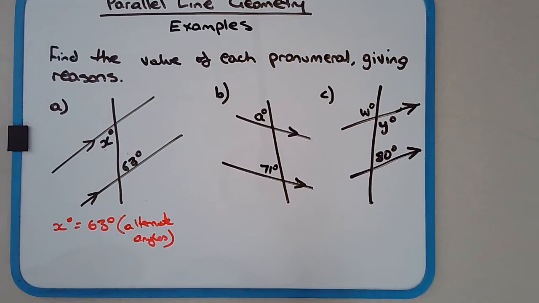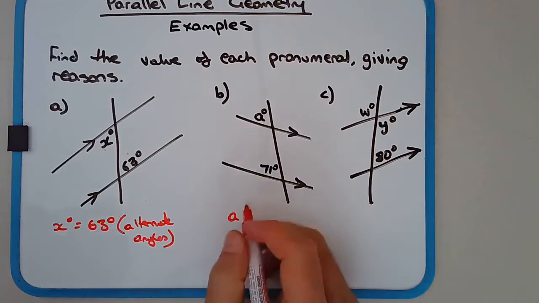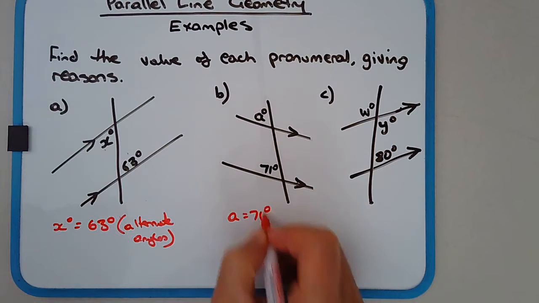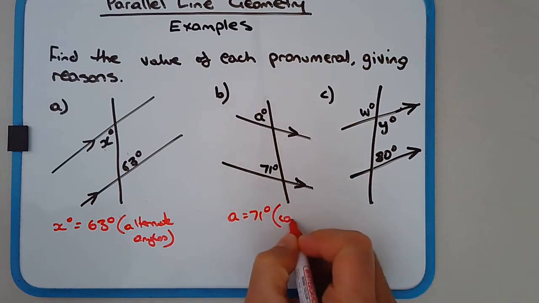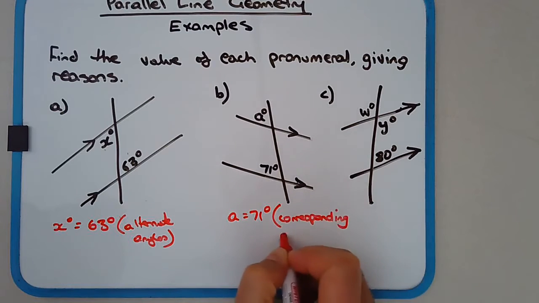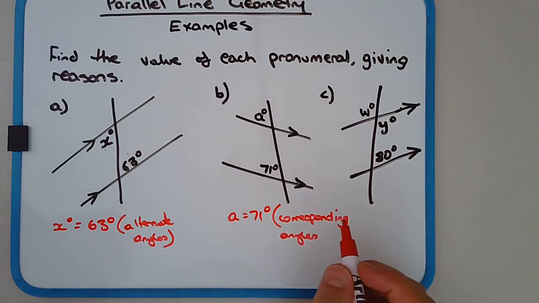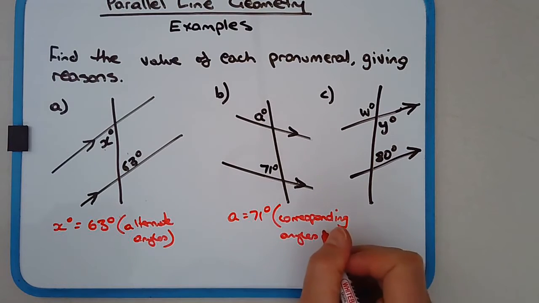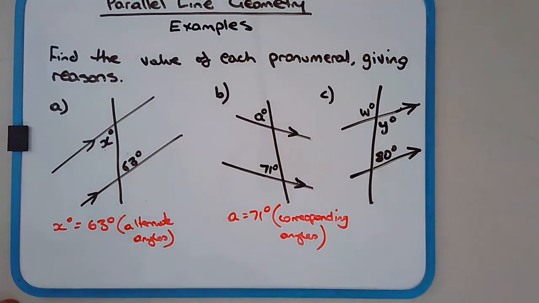Call them corresponding. So A is equal to 71 degrees, and the reason is corresponding angles are equal. But suffice to say that you've identified that they're corresponding angles and they would be equal.